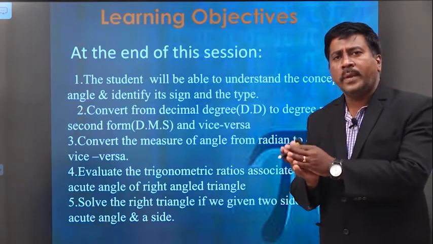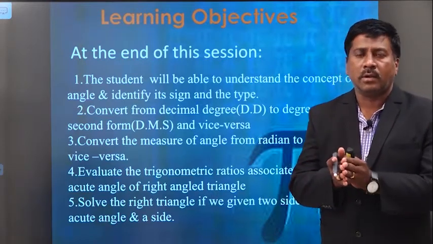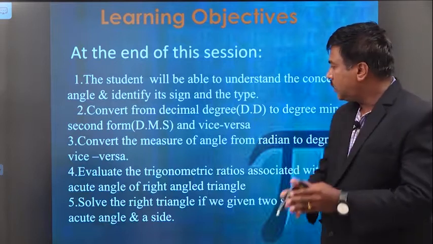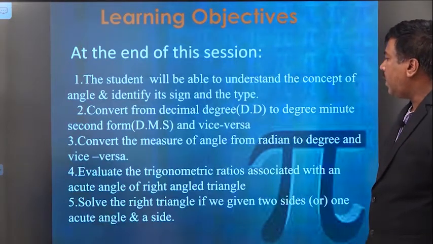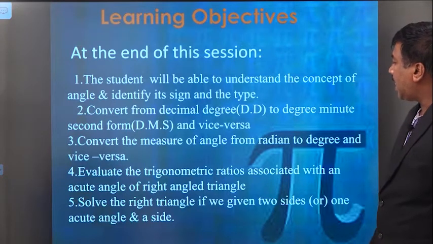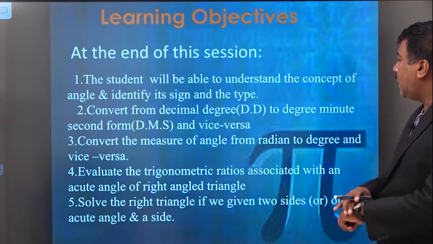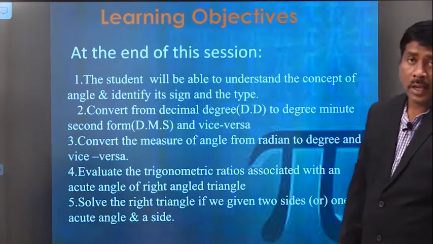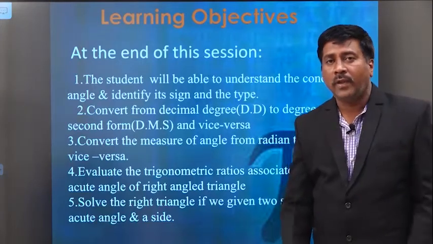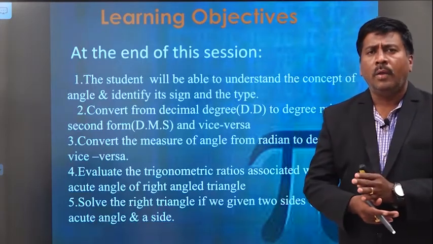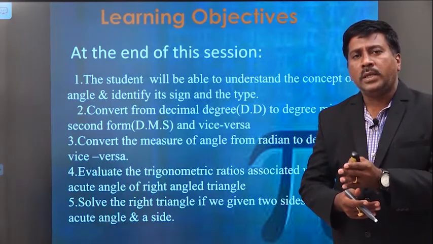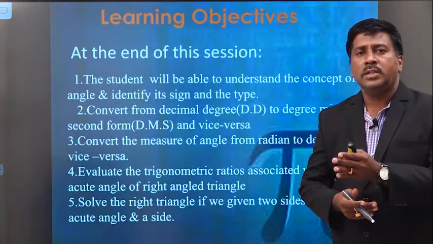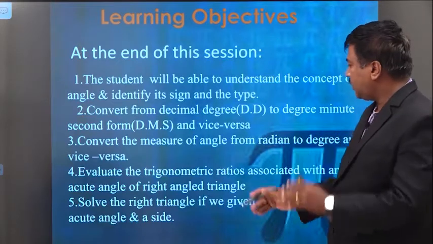If the angle is greater than 90, then that is called the obtuse angle. So after completion of this session, the student has to acquire the knowledge to evaluate the trigonometric ratios associated with an acute angle of a right angle triangle. Suppose a right angle triangle is formed, then how we have to evaluate the sine, cos, tan, and cosecant, secant, cot. This knowledge may be acquired after completion of this session.